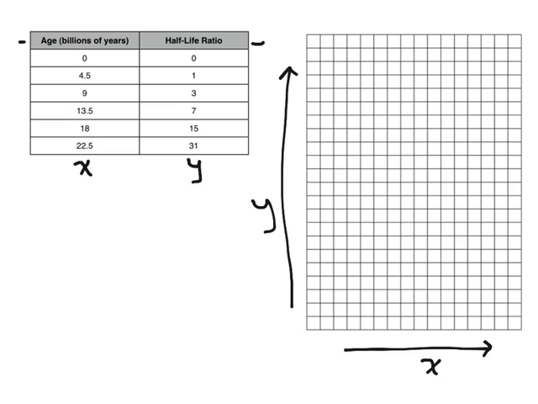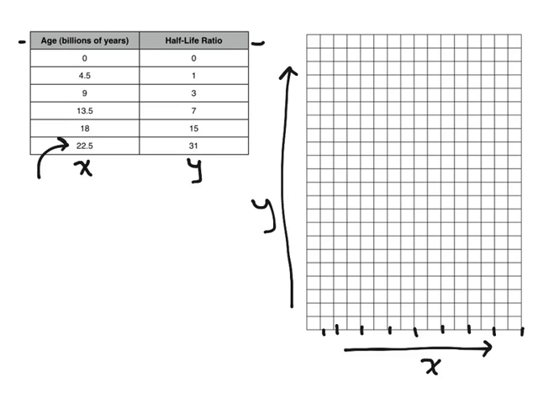On this particular grid, in the x direction, we have 1, 2, 3, 4, 5, 6, 7, 8, 10, 11, 12, 13, 14, 15, 16 squares available. And our largest number in our x column is 22.5.